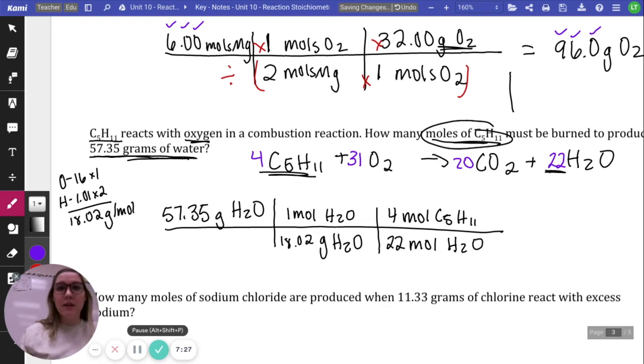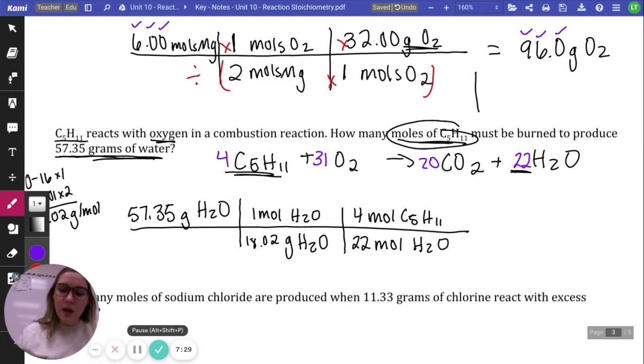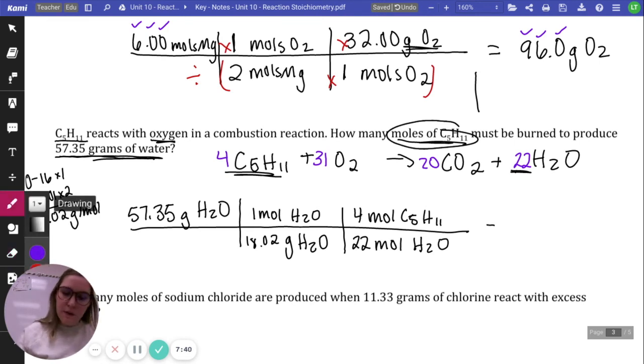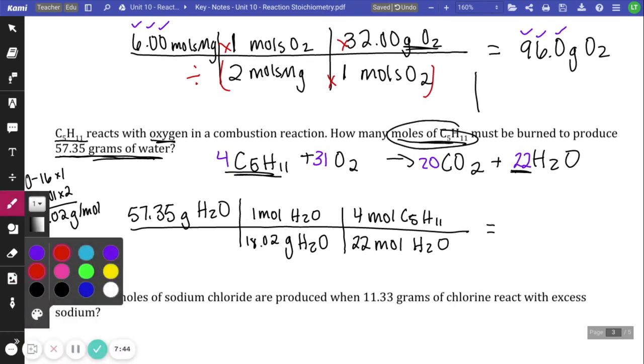All right, and then convert to what the problem's asking for. Our problem's asking for moles of C5H11. That's what my final units are right there. So I am good to go ahead and solve this problem. I'm going to multiply across the top and divide by the product of the bottom.